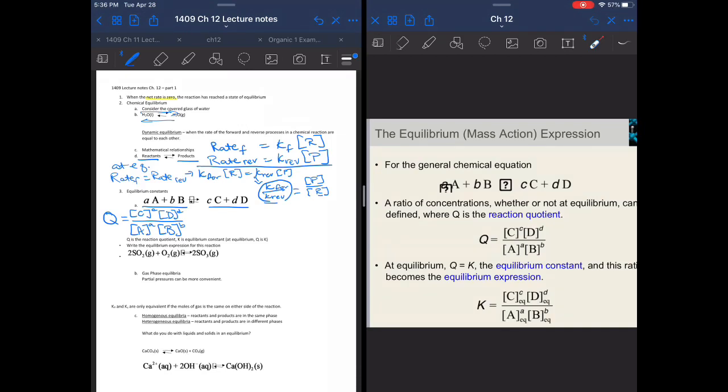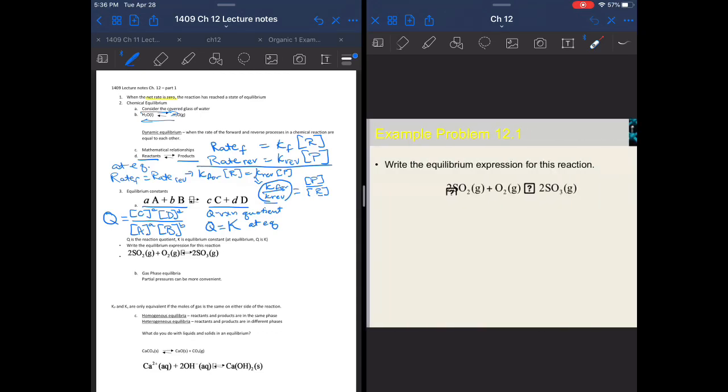Now, Q is called a reaction quotient. Q is the reaction quotient. If your concentrations are equilibrium concentrations, then Q equals K at equilibrium, right? And you can rewrite that expression, and then you know that your concentrations are the equilibrium concentrations.